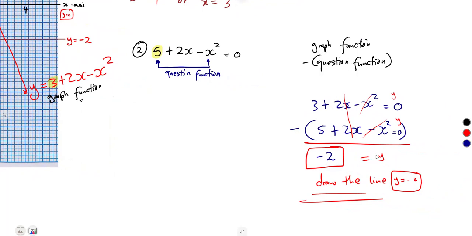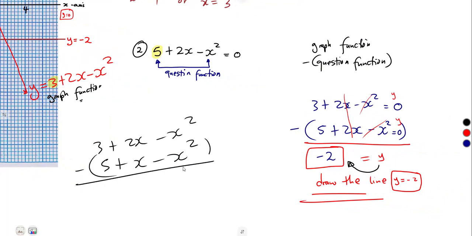The difference is the graph of y is equal to something. Sometimes maybe it was something like 5 plus x minus x squared. Then when you subtract it from 3 plus 2x minus x squared, you obtain 3 minus 5, that's minus 2, and 2x minus x, that's plus x.